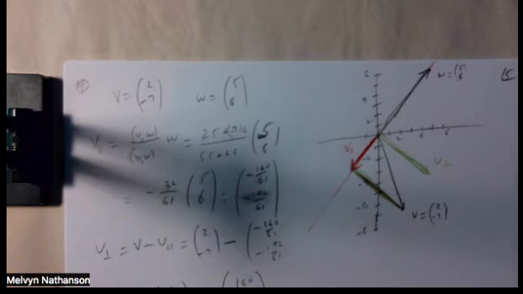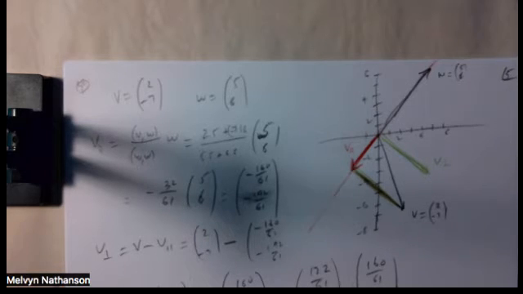Let's see. 2 is the same as 2 times 61 over 61, so that's 122 over 61. 7 times 61 is 427 over 61. Plus 160 over 61, and 192 over 61.